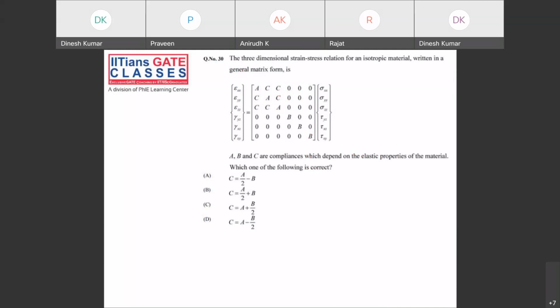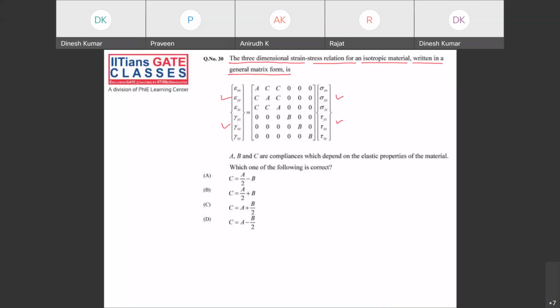What is given? The three-dimensional strain-stress relation for an isotropic material written in a general matrix form is as shown. You can see the normal strains are given in terms of normal stresses, and the shear strains are given in terms of shear stresses.